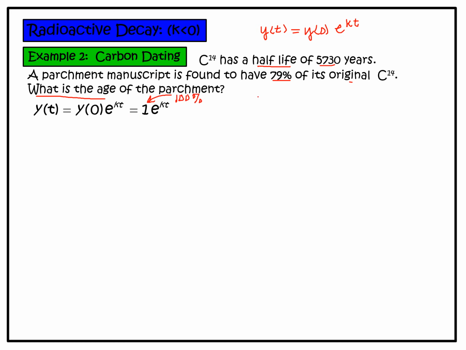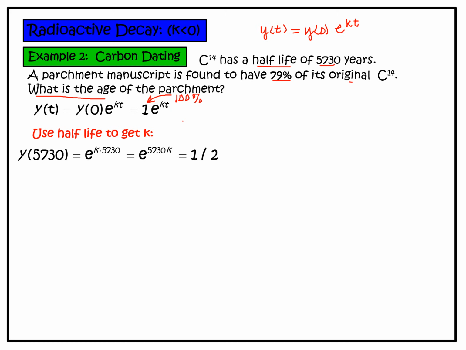Okay? And then what? Well, we're going to use that half-life to get our constant K. That's the only thing that we don't know here. So we do know, though, if you plug 5730 in for t right here, which is also right here, that's e to the K times 5730, which is the same as e to the 5730K, that's got to equal 1/2 or 0.5, right?